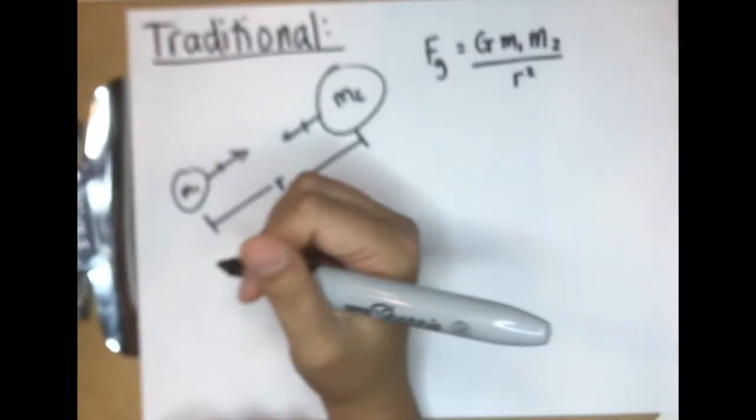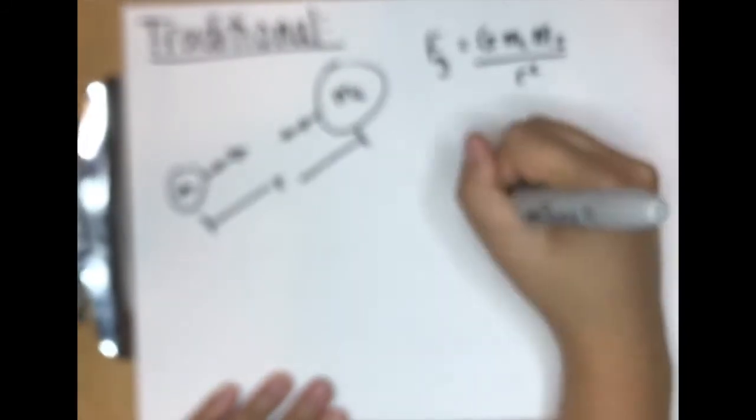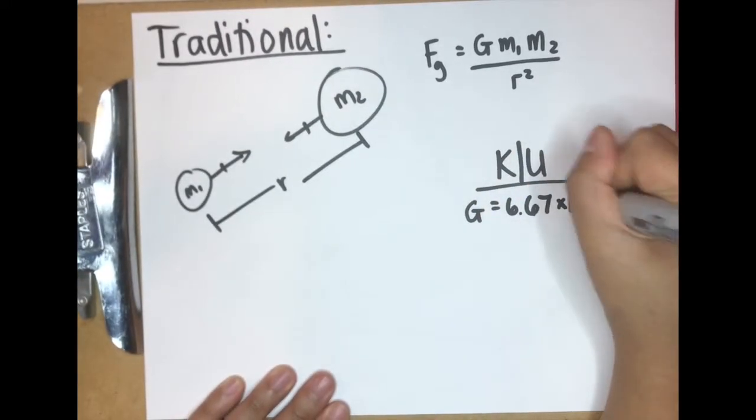In this picture, two masses are gravitationally attracted to each other. Fg is the gravitational force between them, and it depends on the product of the two masses, how far they are away from each other, and big G, the gravitational constant. But when we go and do our knowns and unknowns, that means we're working with some pretty unwieldy numbers.